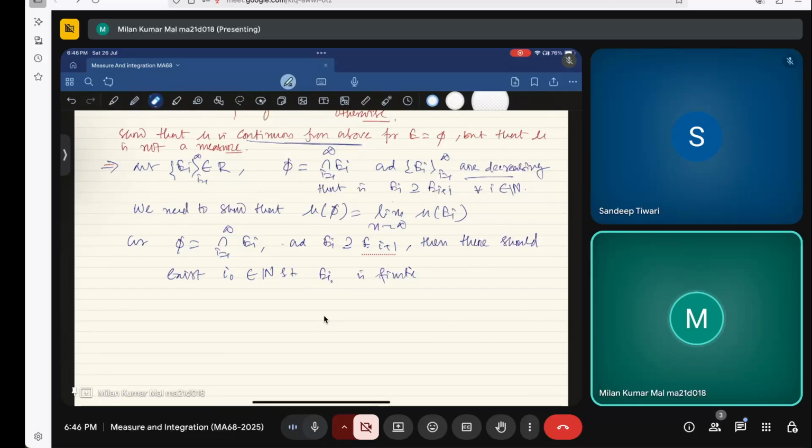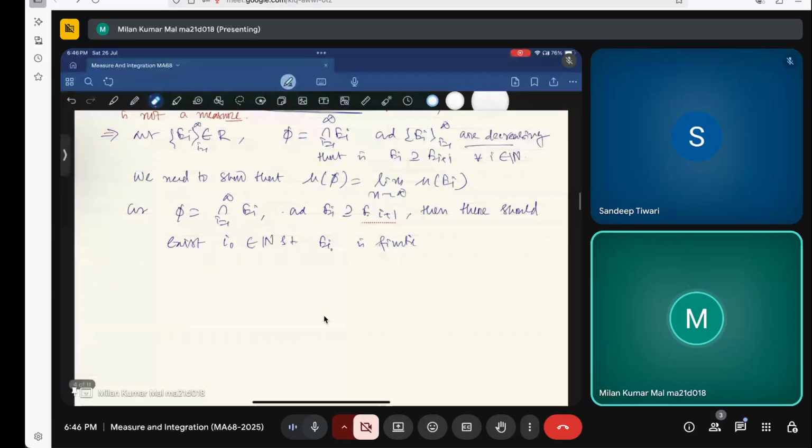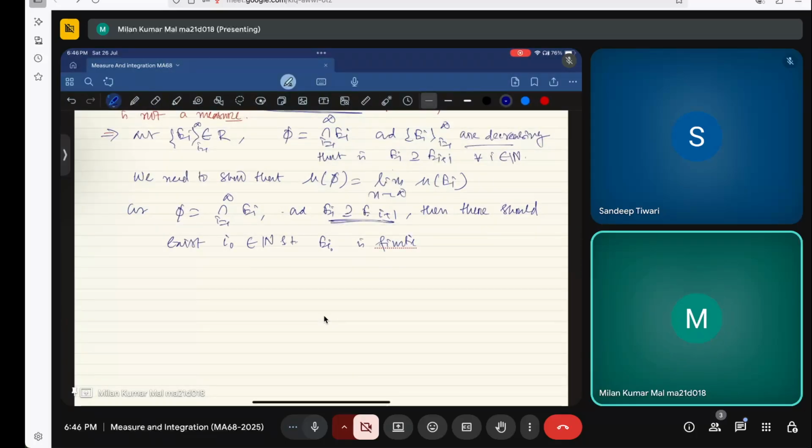Either at least one of them has to be empty or finite. This is what we already have, that EI contains EI plus 1. Whatever I may take, at least at one place it has to be finite.